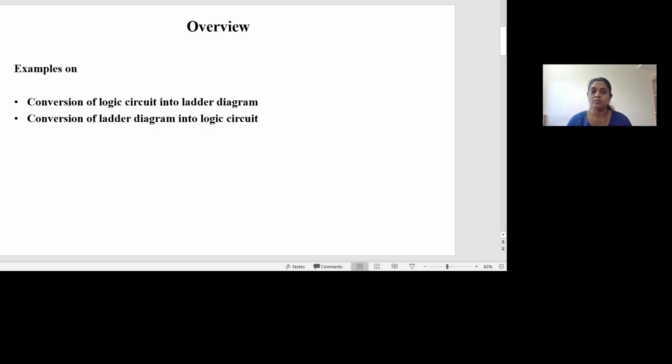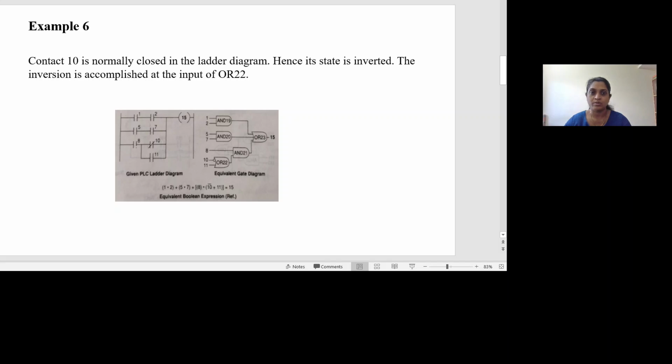And one more point is that whenever an input is inverted and applied as an input of a logic gate, in that case, the input is represented as an NC contact, a normally closed contact. So these three were the basic concepts we learned in the last session. We'll use the same concepts and go through a few examples.